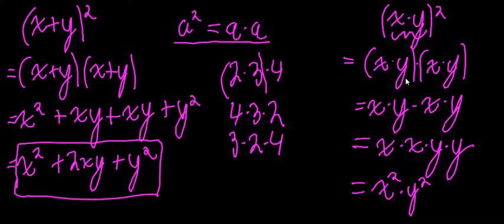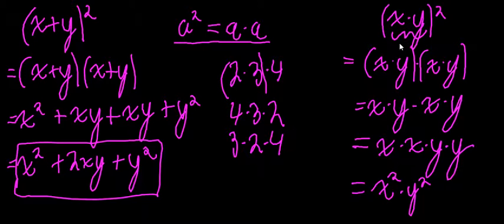And again, remember, if there were plus or minus or other operations going on here, we'd have to be a little bit more mindful of the order of operations. But here, since the only operation is multiplication, we can drop parentheses and rearrange however we'd like.